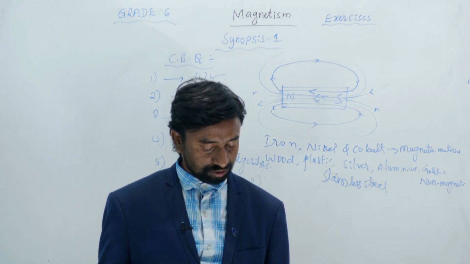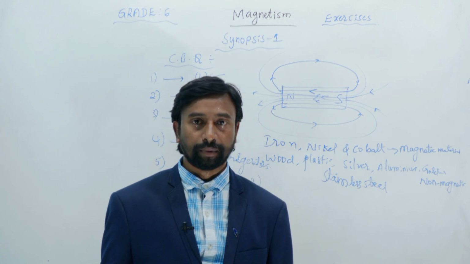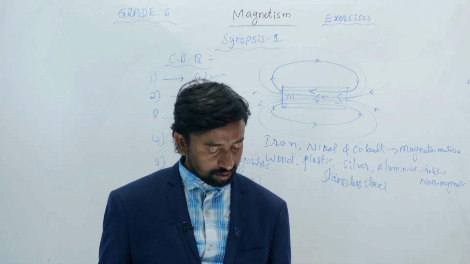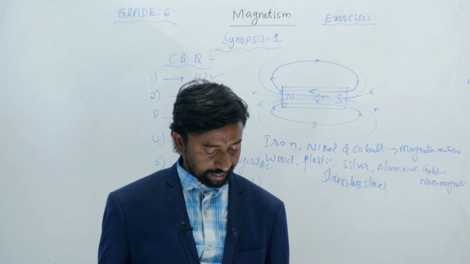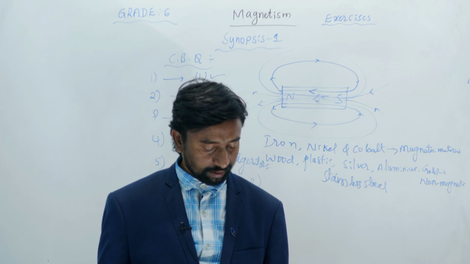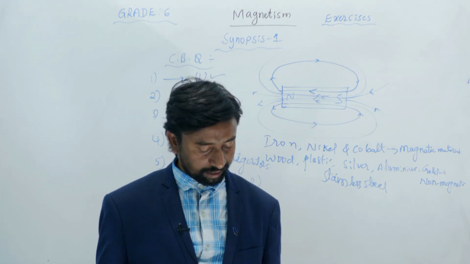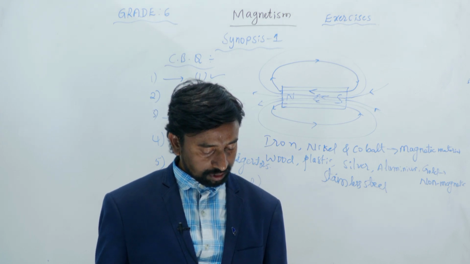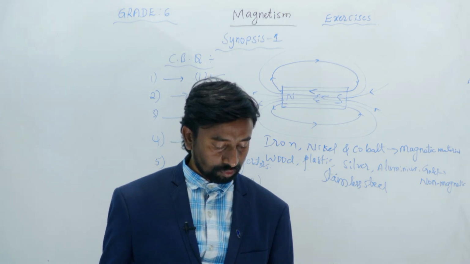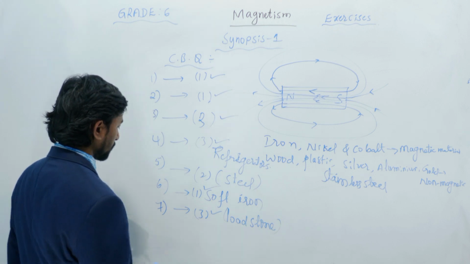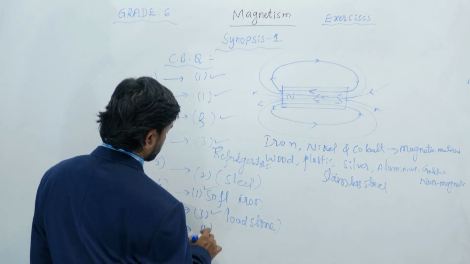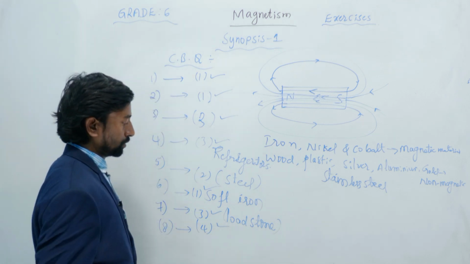Magnetic influence is not stronger in the middle; at the edges, at the poles, it is stronger. Magnets do not attract stainless steel spoons, because stainless steel does not attract magnets. The attractive property is used in magnetic trains, so the fourth option is right, not the second option.